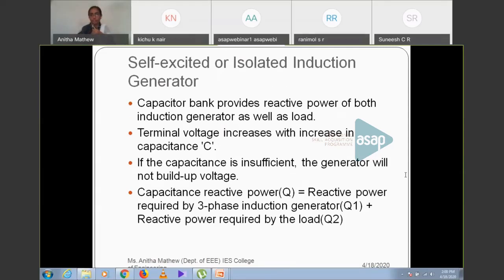So here, as already said, we are using a prime mover to increase the speed.